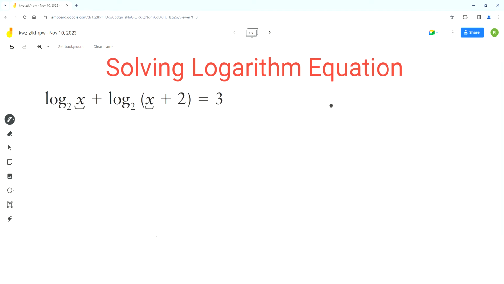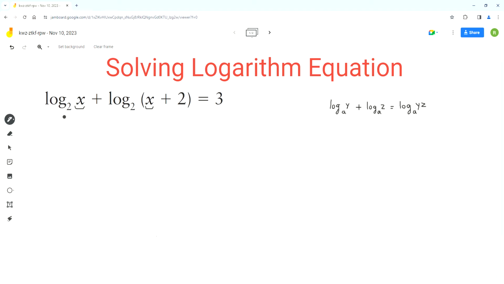So I'll write the product law on the board. The product law states that log of y to the base a plus log of z to the base a can be combined into a single log term. So it becomes log of yz and the base stays the same.